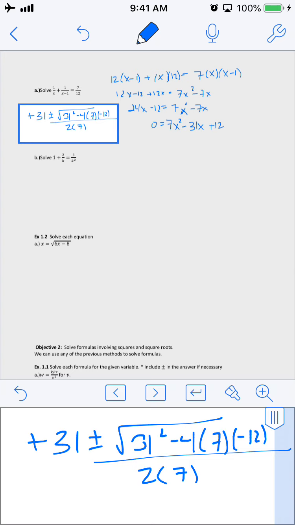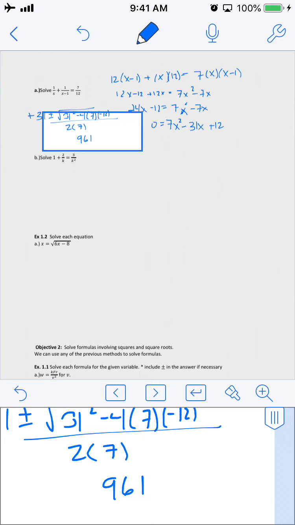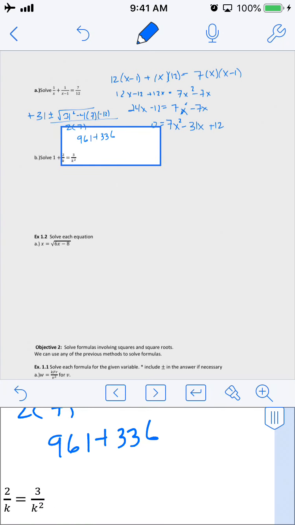But let's go ahead and do 31 squared, which would be 961, minus 4 times 7 times 12. Negative 12 would be a plus 336. So that plus 961 is 1297, which, as I concur, is not a perfect square.